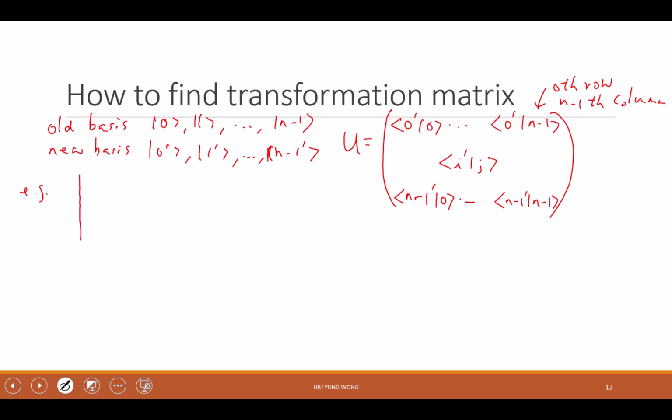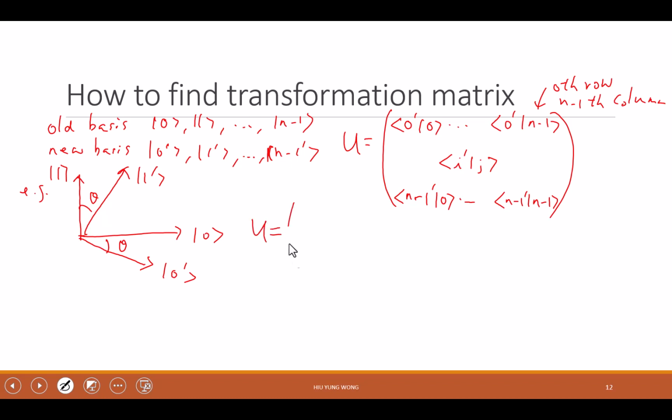0, 1, 1 dash, theta, 0 dash, theta. I rotate by theta, right? How do I transform the old one to the new one?